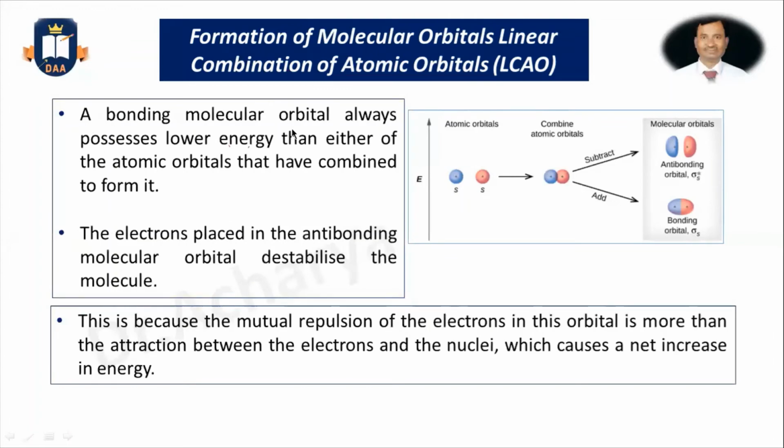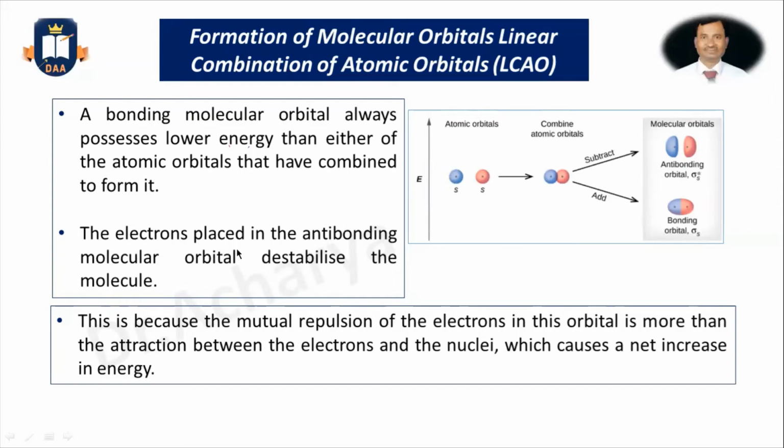So a bonding molecular orbital always possesses lower energy. In the figure, the y-axis on the left represents energy upward, and the bonding orbital is down, meaning it has less energy than the participating atoms.